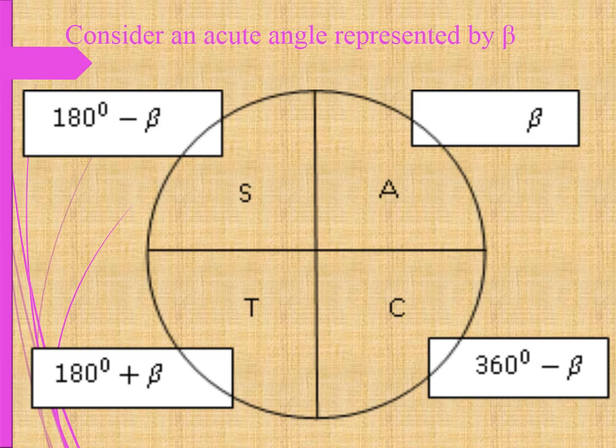Then in the second quadrant, we are going to take 180 minus beta, and that is an angle between 90 and 180 degrees. In the third quadrant, we are going to take 180 plus beta, that is an angle between 180 and 270 degrees. In the fourth quadrant, we are going to take 360 minus beta, and that is an angle between 270 and 360 degrees.